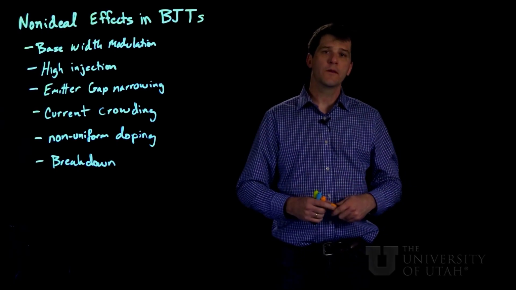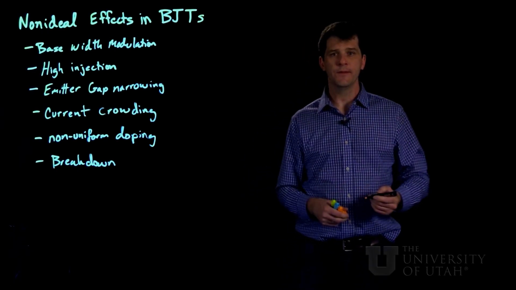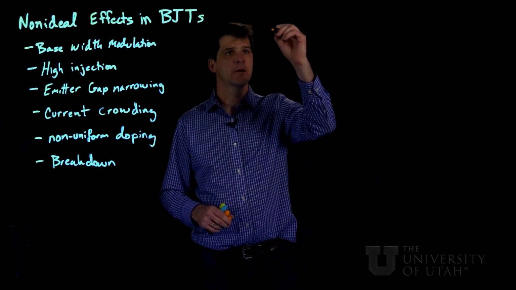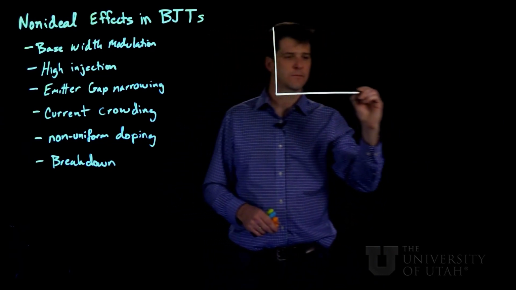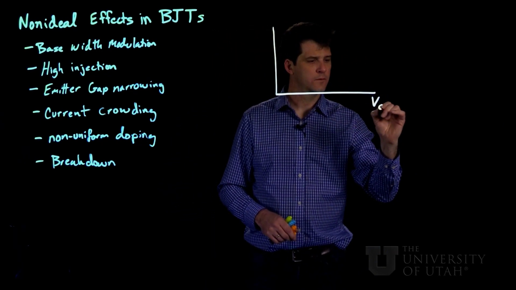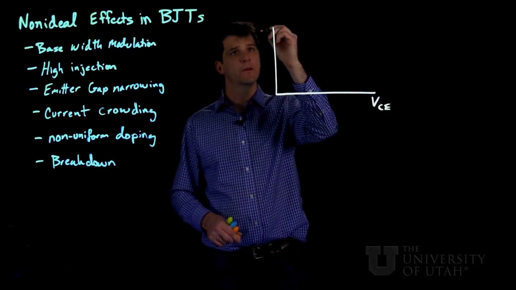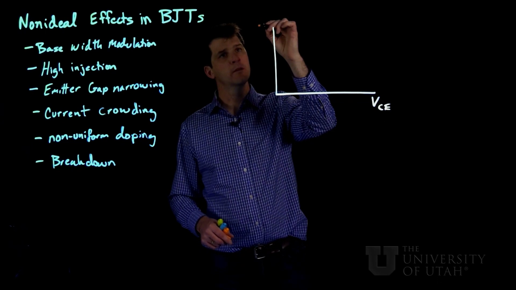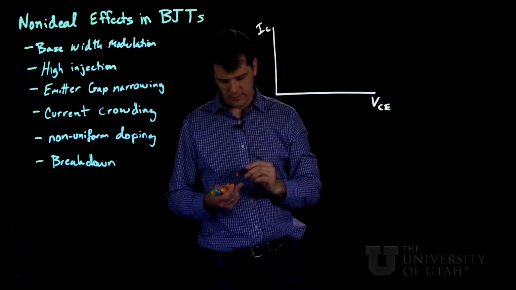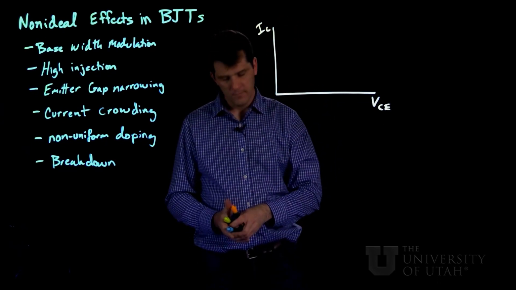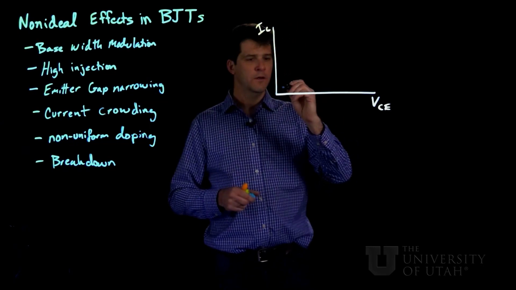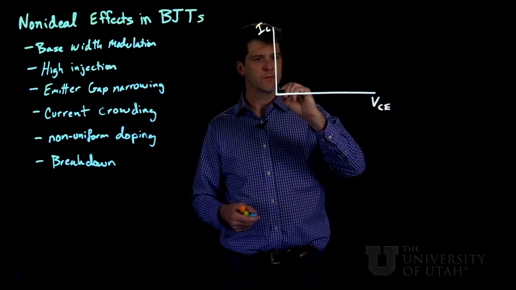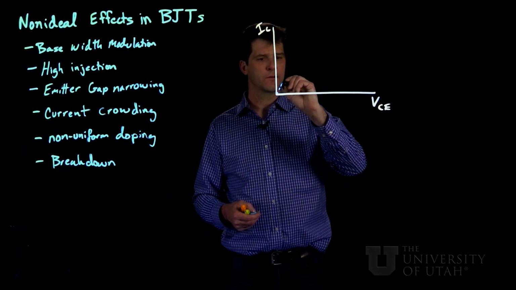So let's look at what this does in terms of the current voltage curves. So we're going to plot the voltage between the collector and emitter and the collector current here. And I'll put the ideal curves as dashed lines.